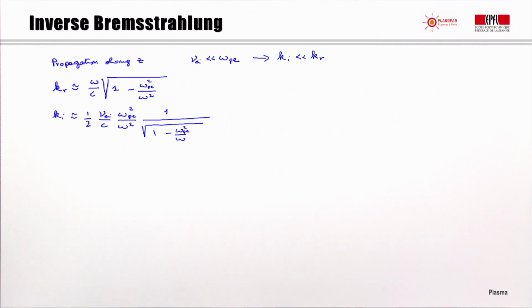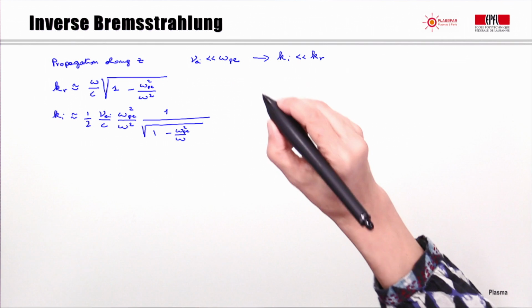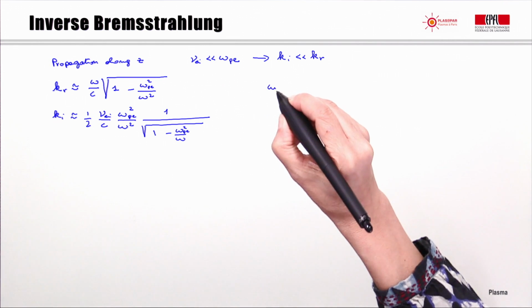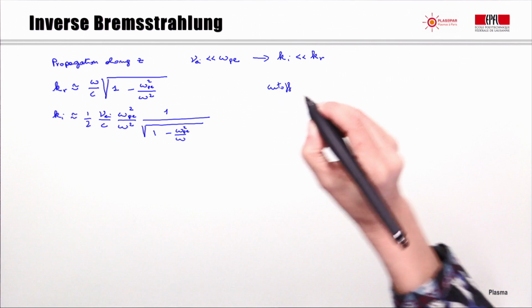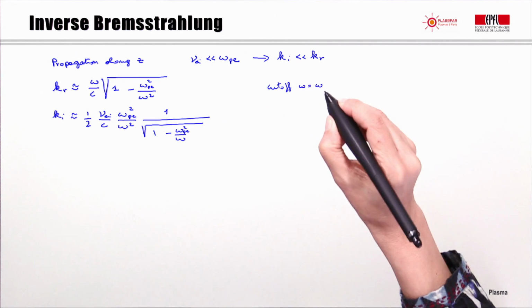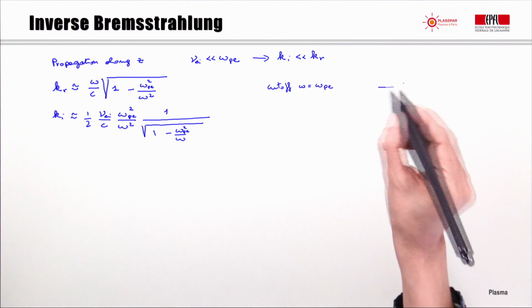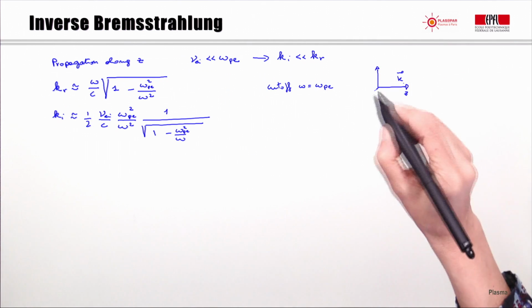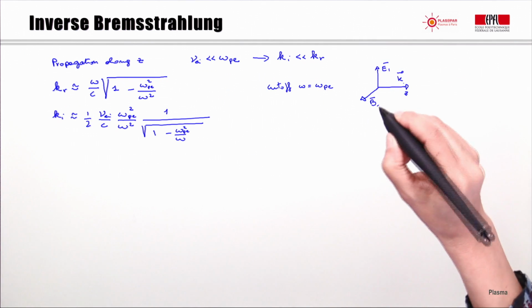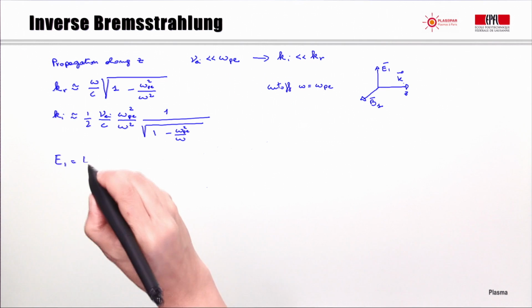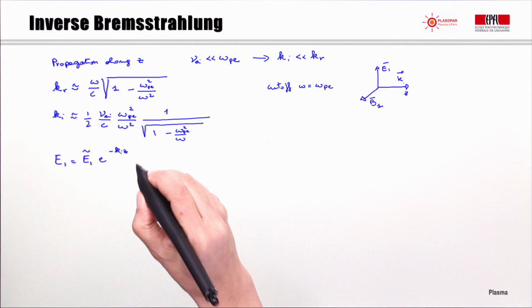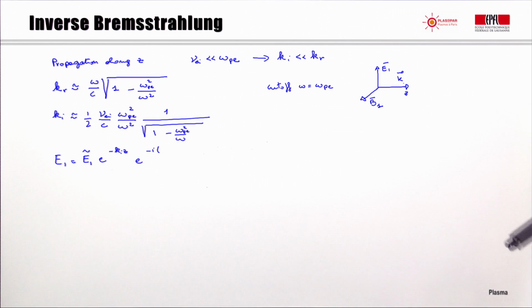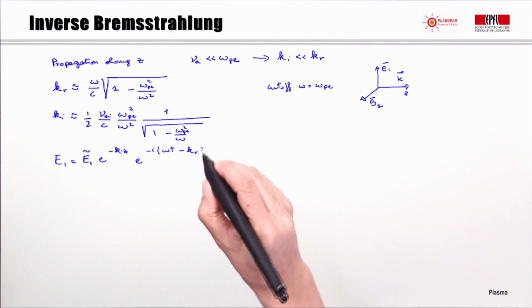As we can see, the real part of the wave vector is the same as in the collisionless case, and we have the same cutoff frequency for light waves, omega equal to the plasma frequency. Moreover, we have the same triad of orthogonal vectors for the wave vector and the fields. However, since now k has an imaginary part, the fields will be given for a wave propagating to the right by the following formula.